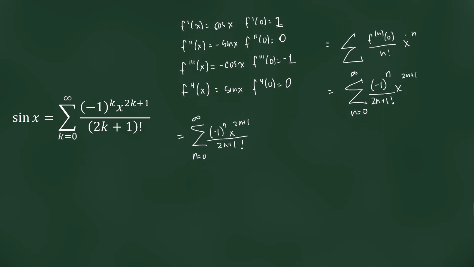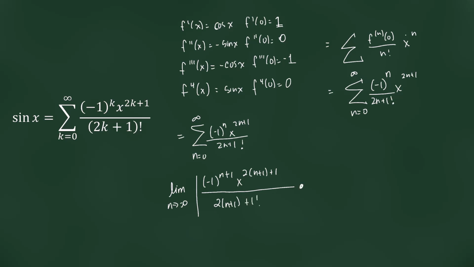So now let's look at what radius of convergence this might be useful for us on. So we're going to examine now the limit as n goes to infinity of the absolute value of negative 1 to the n plus 1 times x to the 2n plus 3. I'm replacing all of my n's by n plus 1 now for my ratio test. So I get 2 times n plus 1 factorial.